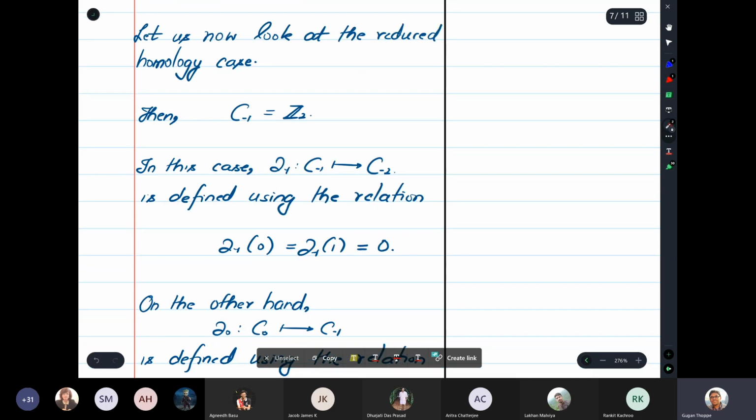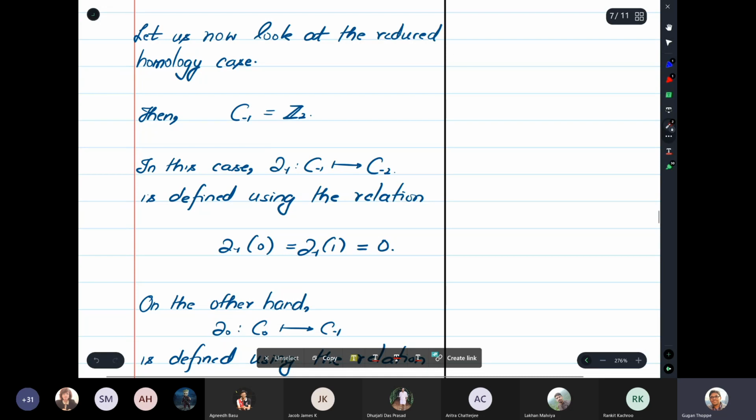In the reduced homology case, the difference is that unlike in the usual homology case, the C_{-1} we now define to be Z2. So C_{-1} is again some vector space, but we define it to be Z2. With this modified definition, let's see how ∂-1 and ∂0 have to be defined.